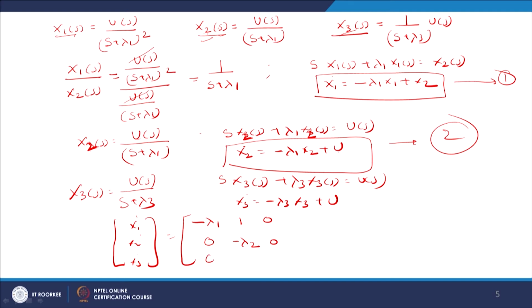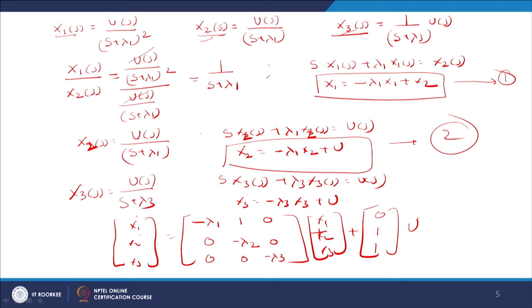So, we can write down 0, 0, minus lambda 3, times x1, x2, x3, plus. For x1 dot there is no term of u, so we write 0, but for x2 dot the term of u is not 0, so we write 1, and similarly for x3 dot we get a term of 1.